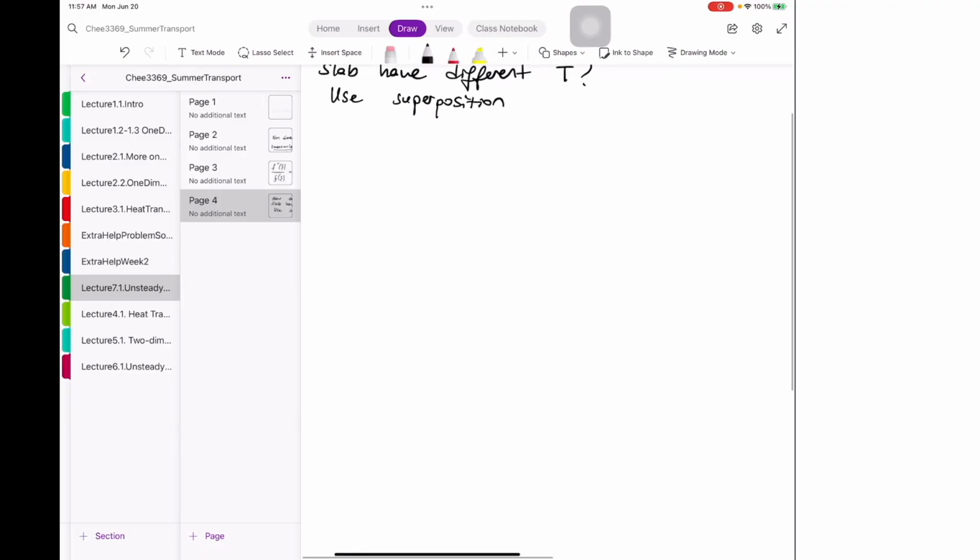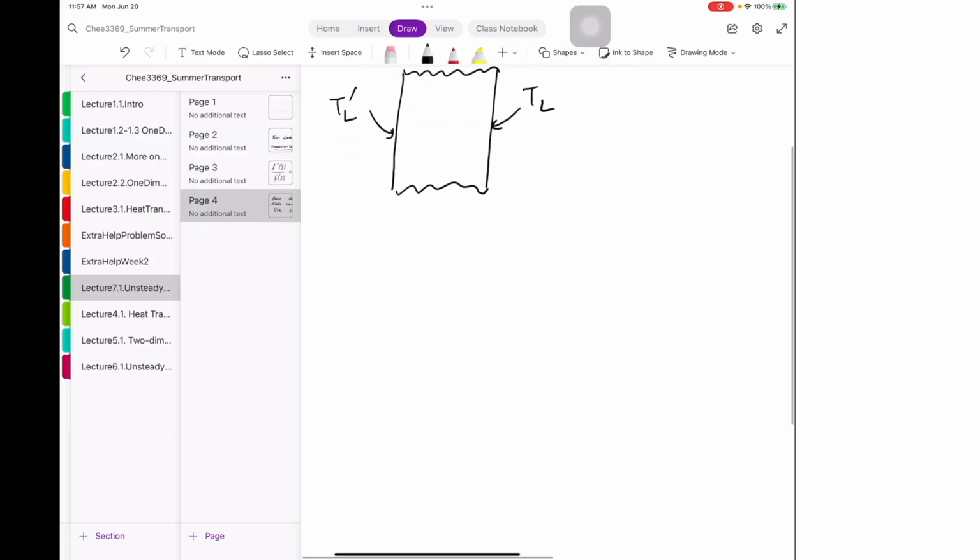Okay. Remember the trick that we used in two-dimensional steady-state heat transfer? We're going to use the same trick. We're going to decompose the problem into two problems. And imagine this is TL prime, and this is TL. Okay.